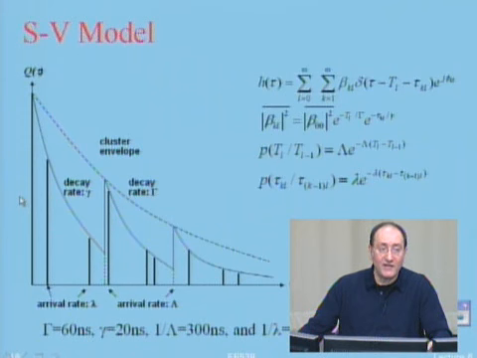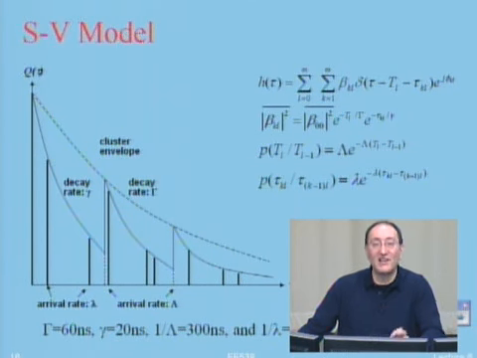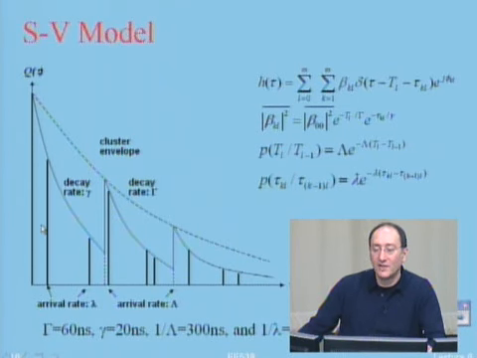Because Saleh-Valenzuela's model assumes that these are like this and like that. Okay? But we said that we measure the amplitudes and we measure the arrivals, and very similar to Turin, we try to develop models for them.